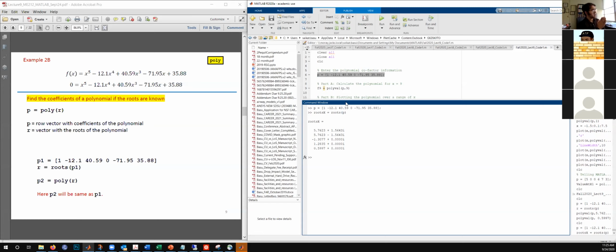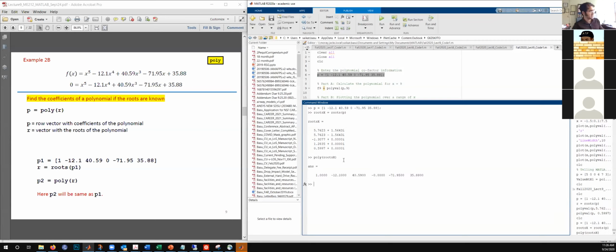Now, if having the roots and then using the poly command gives you back the original polynomial, then if you write poly roots x, what should be the output? P. It should give back those cofactors that you originally started out with, right? Because these are the roots for that polynomial.